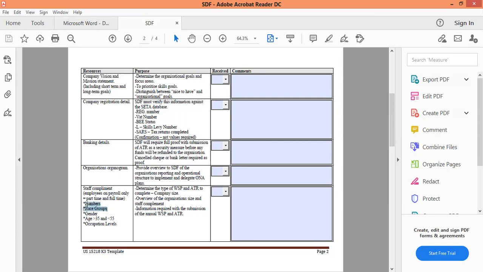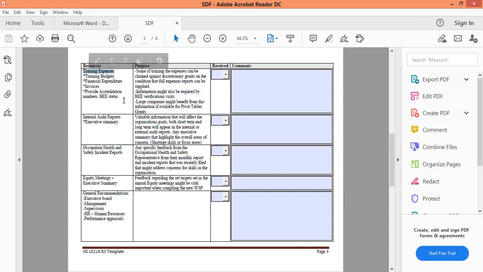Also for BEE, that's going to help. Age groups here with 35. I want to also see how many people they have under 35, because the CETAs only like to sponsor learnerships and apprenticeships and all these things, but only for people under 35. So yeah, these employment stats we're going to need.